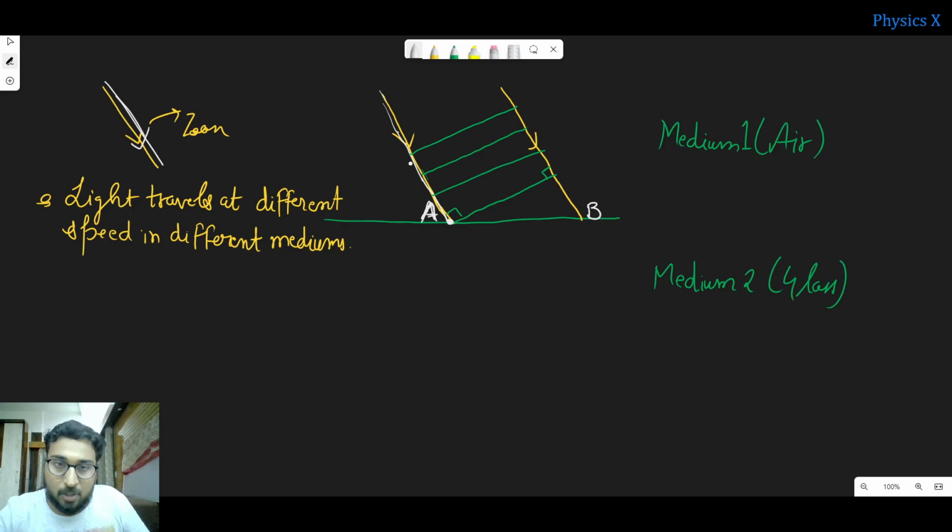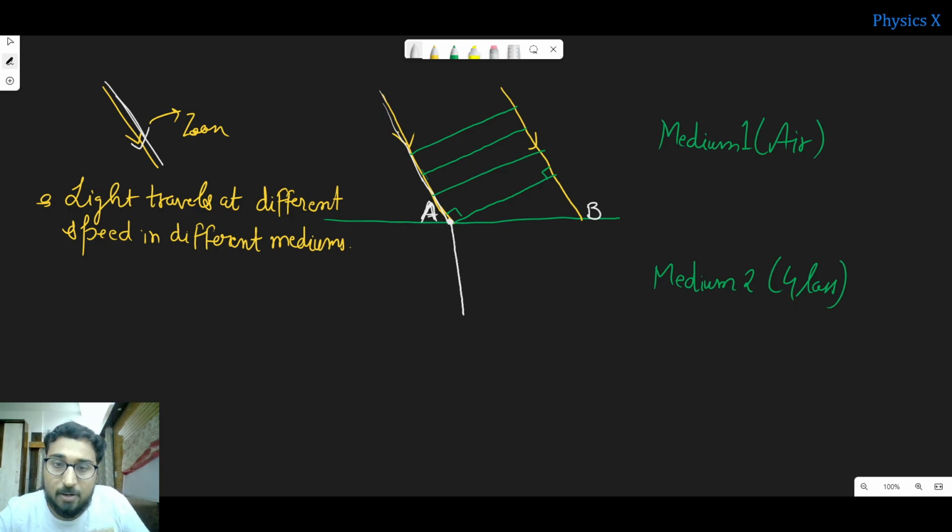Now you understand that at this point A, this part of the ray of light will encounter the glass medium first and it will slow down first. It will see a gradual decrease in speed at first, so it will try to bend like this.